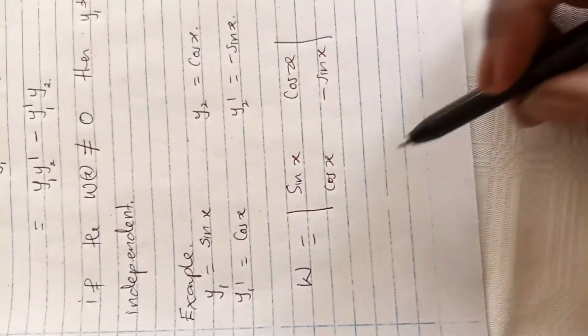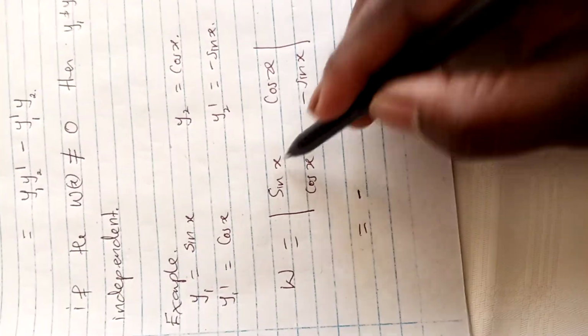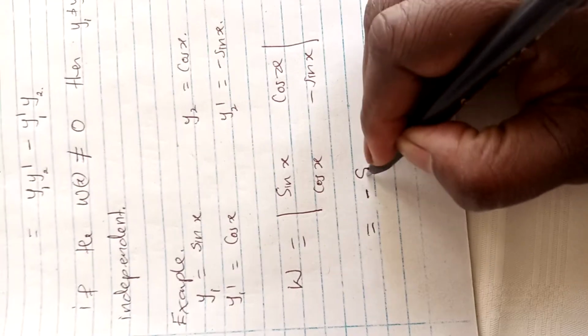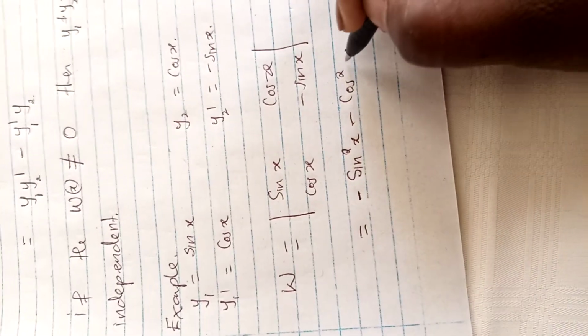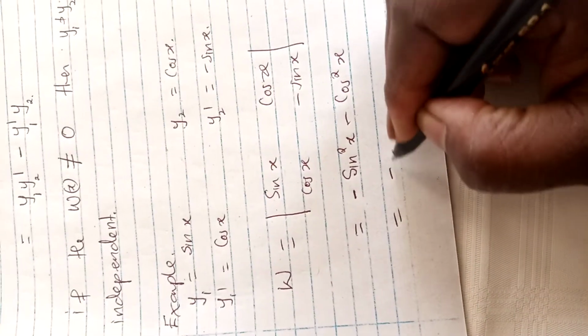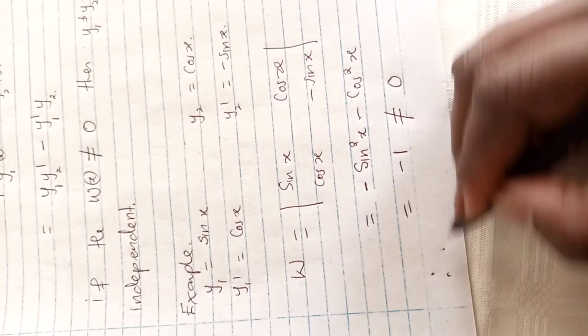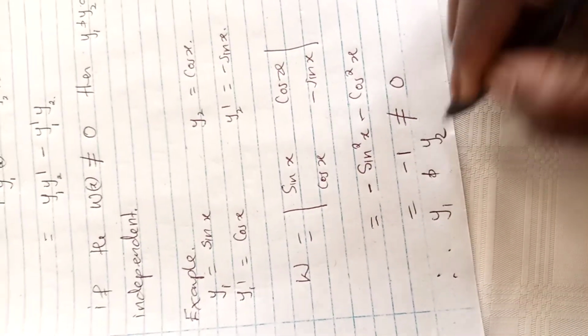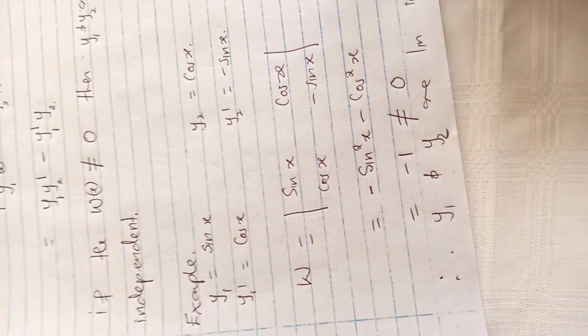That determinant is equal to minus sine squared x minus cos squared x, which is equal to minus 1, which is non-zero. Therefore, y1 and y2 are linearly independent.